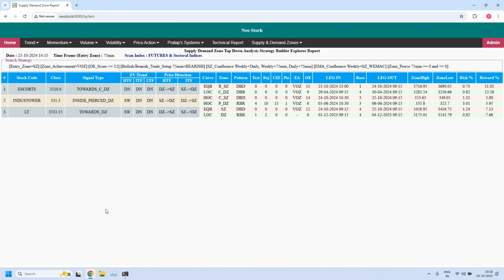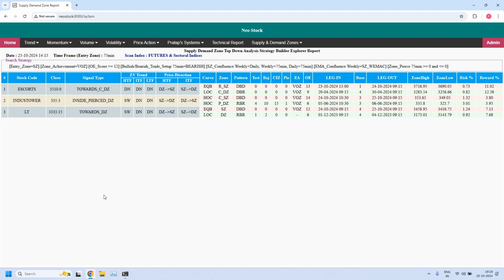We got 3 stocks. In the 3 stocks, how many are in downtrend? Only 1 stock. So Escorts is a high probability setup because the weekly supply zone is having weekly EMA confluence.